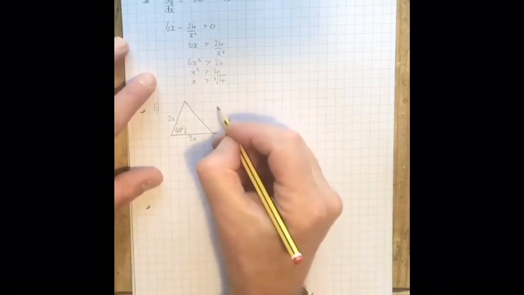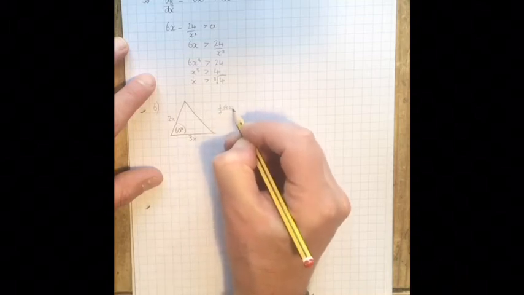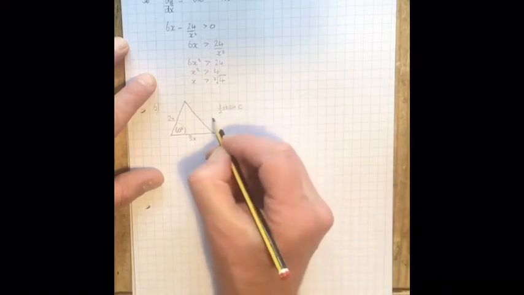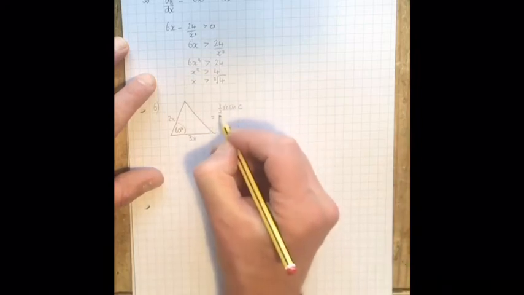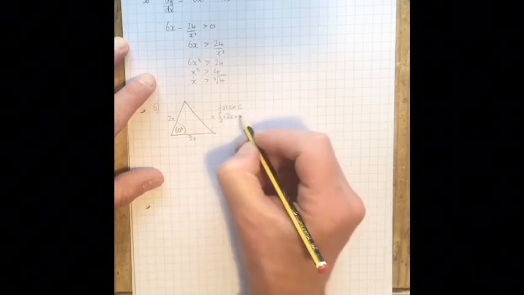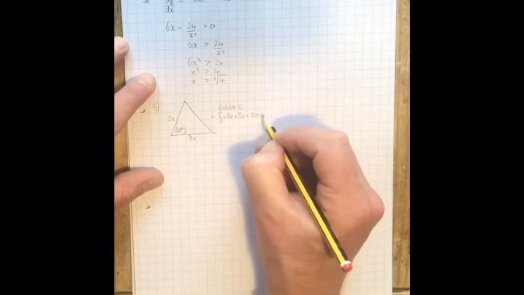The area of a triangle is half AB sine C. So that's the formula for the area of a triangle. So for these values, you've got half times 2x times 3x times sine 60.